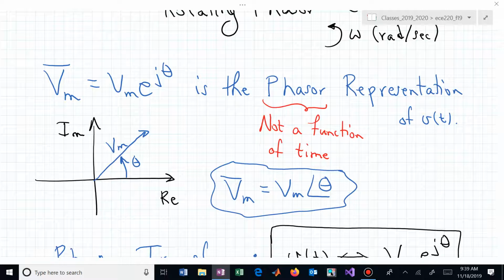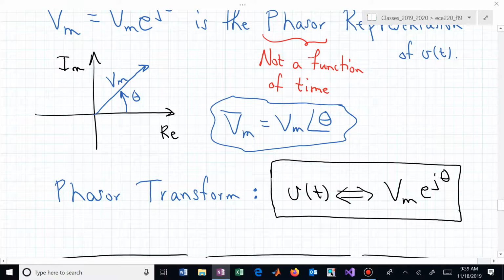Differentiation now will be replaced by multiplication by j omega. Integration will be replaced by division by j omega. Easier to multiply and divide, maybe, than integrating and differentiating. That's the idea. There's our phasor transform.